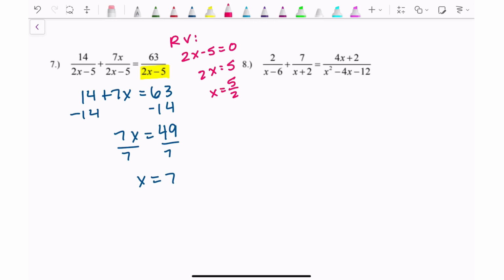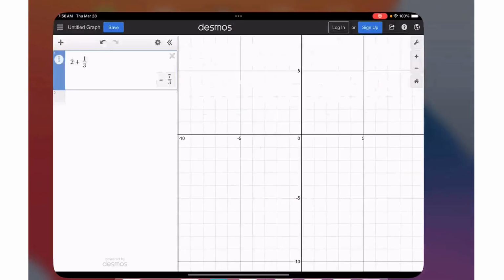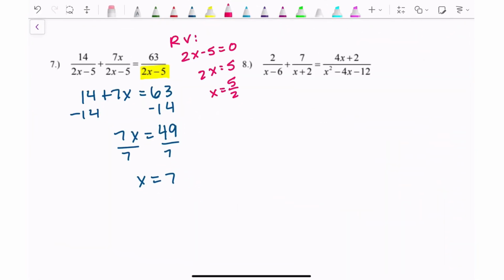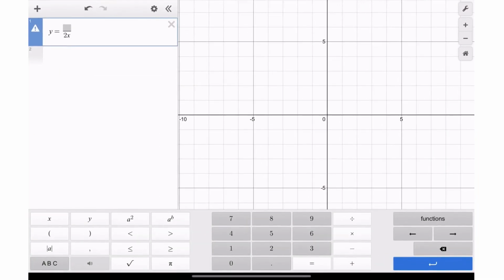You can easily check these by going to your calculator and doing y equals the left and y equals the right side of the equation. So I would do y is equal to the fraction, 2x minus 5. It was minus 5.